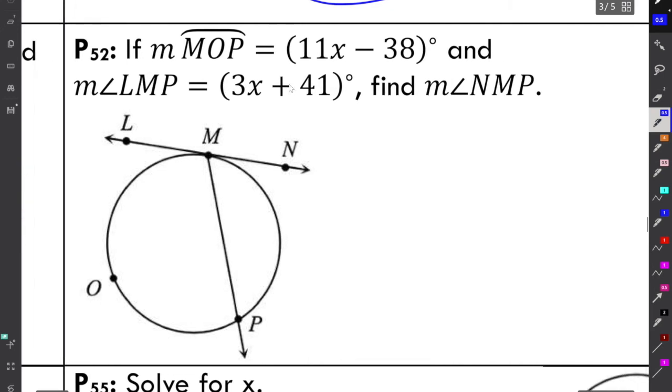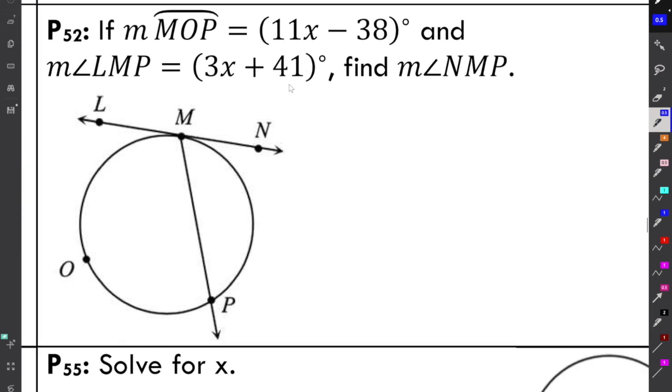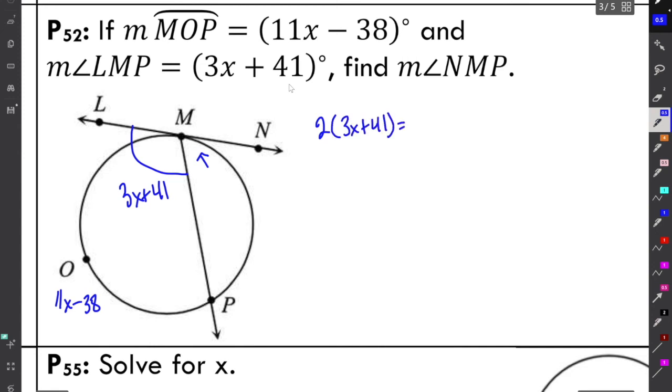All right, number 52. The measure of arc MOP, so this arc right here, is 11x minus 38. And then angle LMP is 3x plus 41. Find NMP, the other one, okay? So first thing, let's find x. I know that 2 times that angle is equal to the intercepted arc.